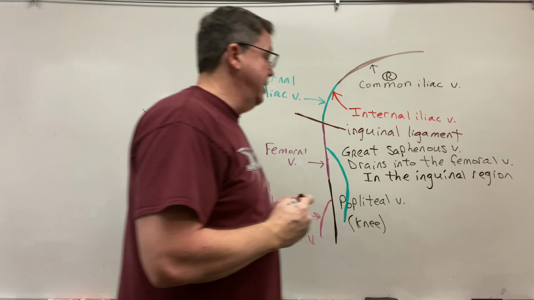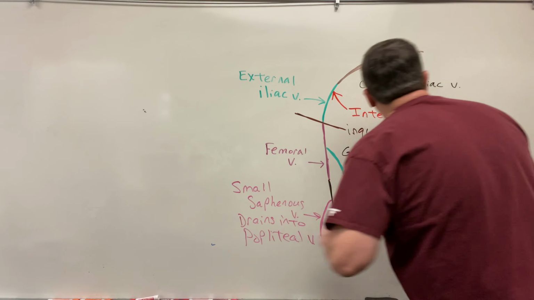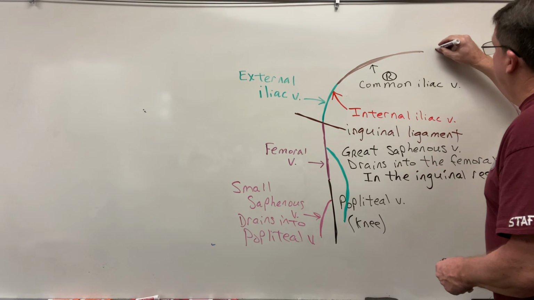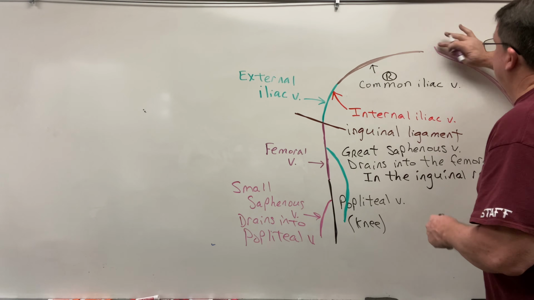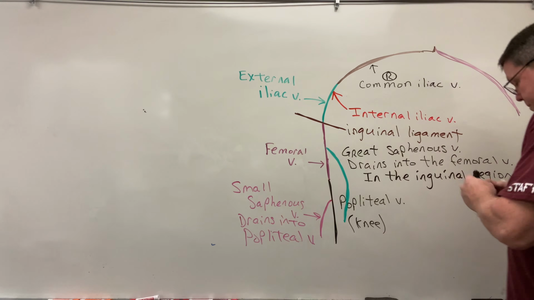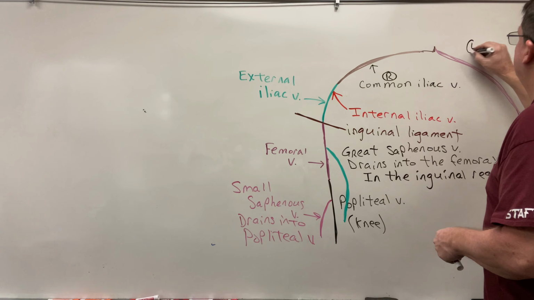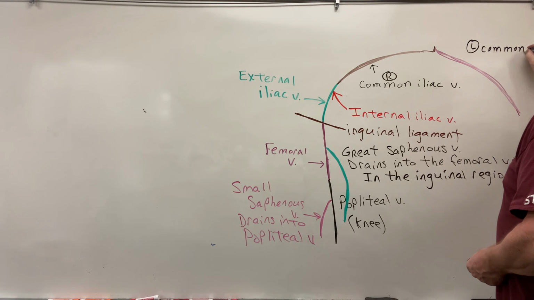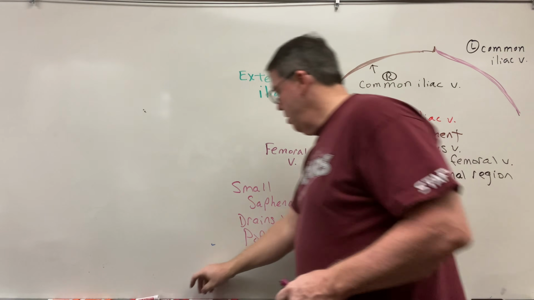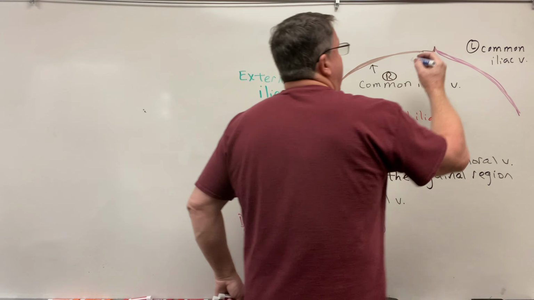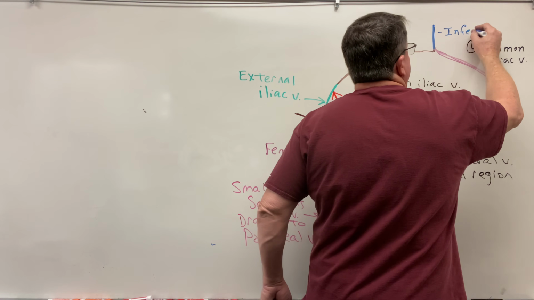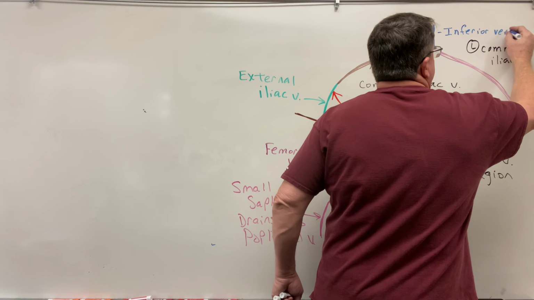So we're going to go over to the left side, and I am going to have my left common iliac vein. So there's my right common iliac. This is my left common iliac. Okay, and then these meet together to form our inferior vena cava.